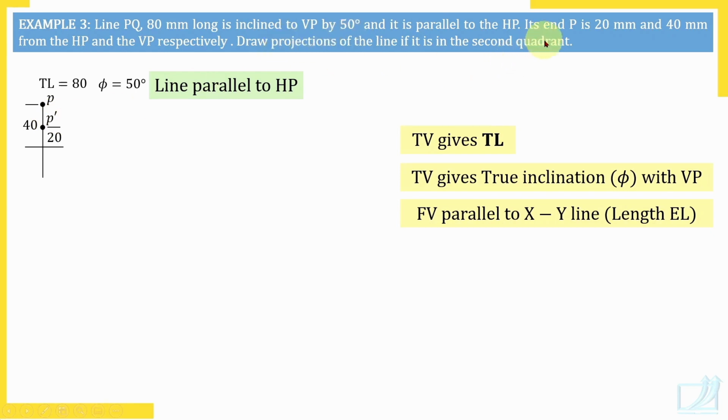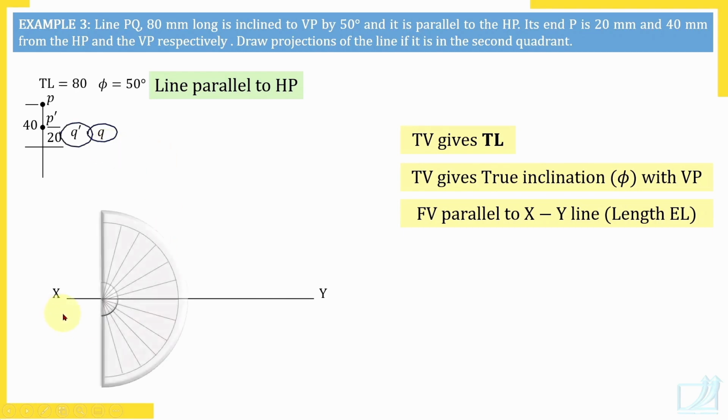And the line is in the second quadrant. Then where is the other end, the end Q of the line? It is also in the second quadrant, which means both views of end Q, Q and Q dash, must be above the XY line. Draw the XY line, label it, then draw the projector of the reference point.